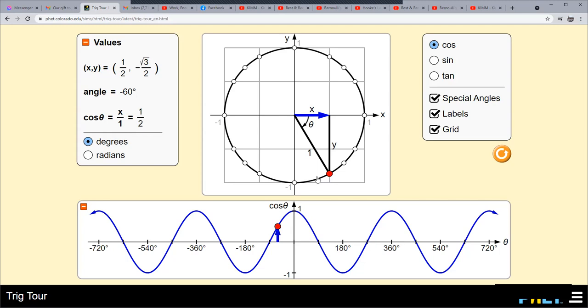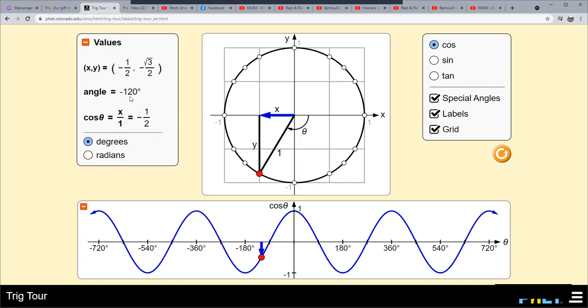Now, what happens if we move it to the 90-degree angle? You would notice that the cosine of the angle is simply equal to 0, because the value for x becomes 0, while the value of y is negative 1.